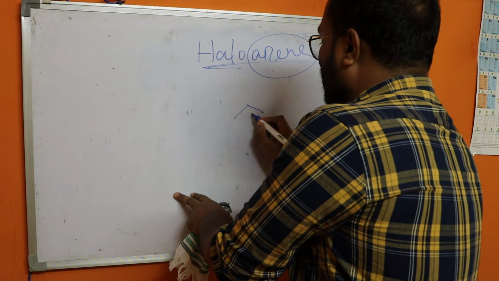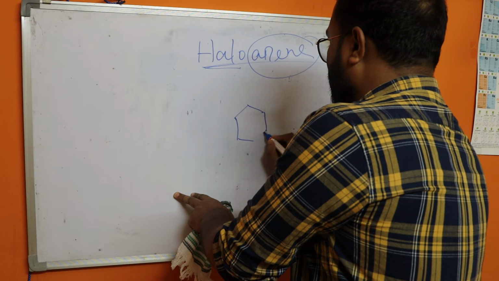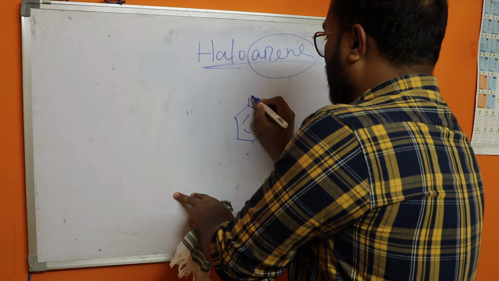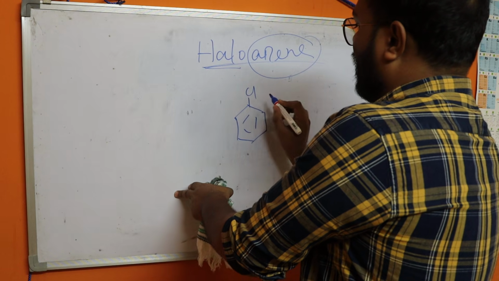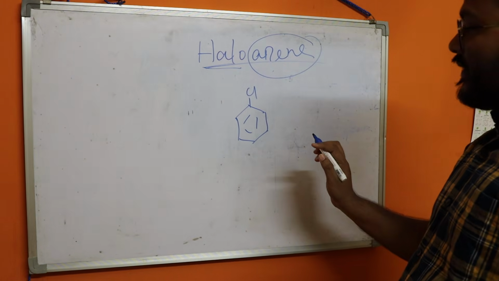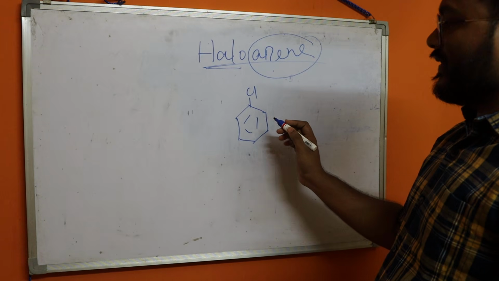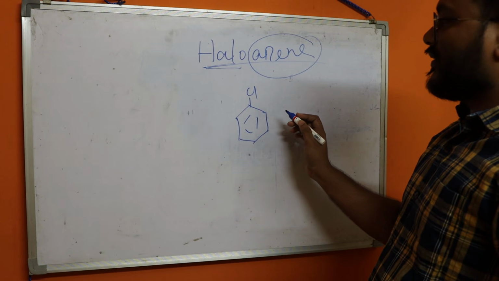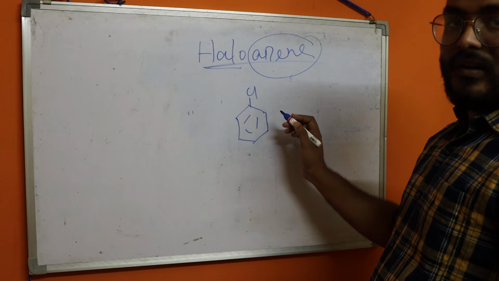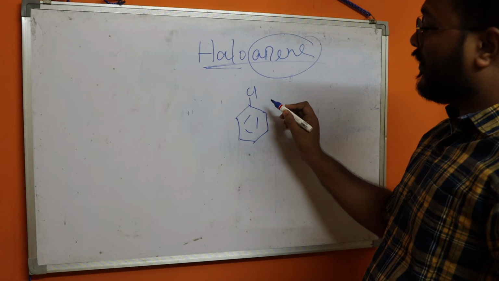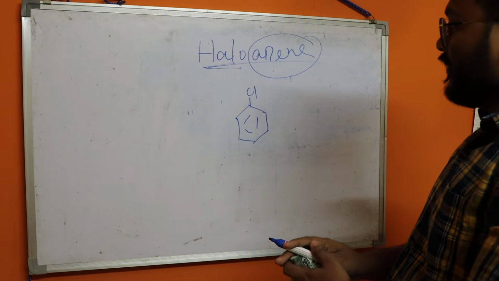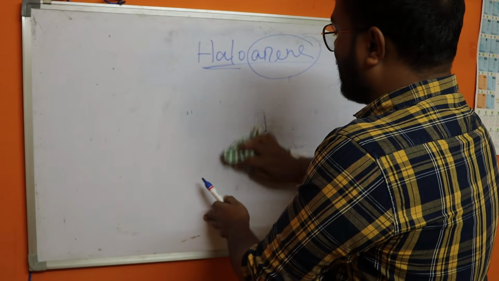Let's say we have one benzene ring, and this is called chlorobenzene, right? So if any hydrogen of any aromatic system is substituted with a halogen atom or atoms, those are called haloarenes. Now we'll see an example.